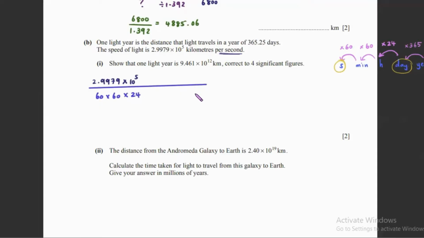So this will give us the number of days. And then I need to multiply it by this 365.25 days, because we need to see in 1 year how far it travels. So we're going to do this so that we can see what we end up getting.